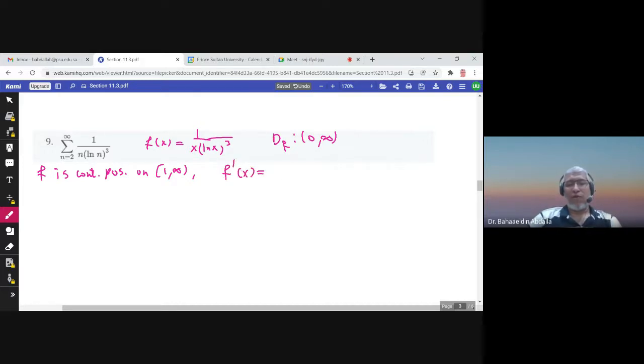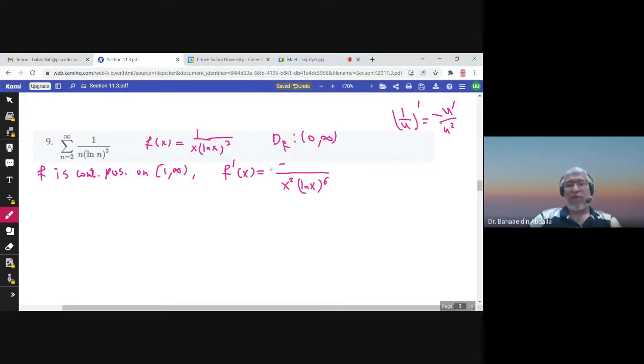I will use the formula we just wrote for the derivative of 1 over u. So I will have x squared and (ln x) to the power 3 squared, so that's to the power 6, and then negative the derivative of this. To find the derivative of the denominator, I need to use the product rule.